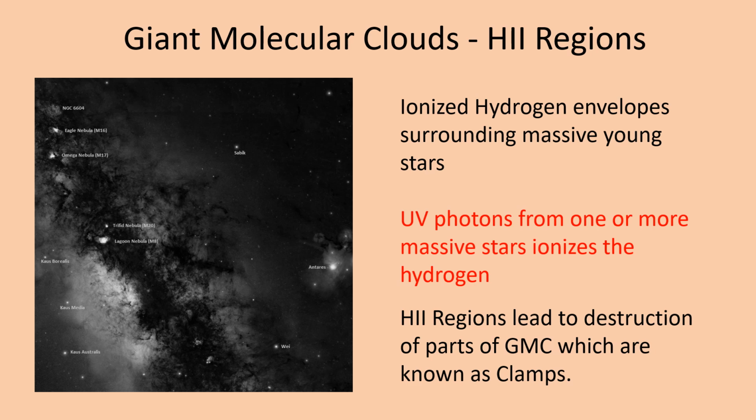These are typically clouds of partially ionized hydrogen gas. Due to these H II regions, the giant molecular cloud breaks into parts, and these parts are known as clumps. These molecular clouds are dark and dusty clouds, and they are responsible for the formation of stars.